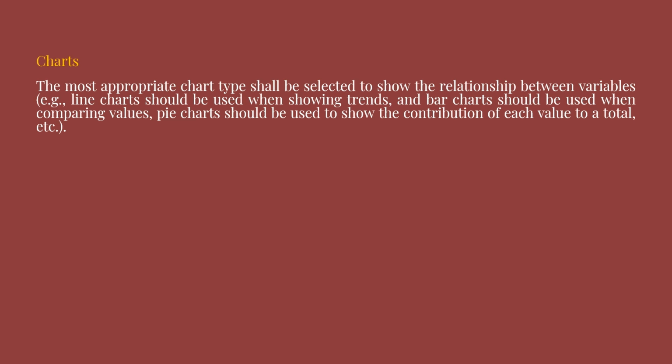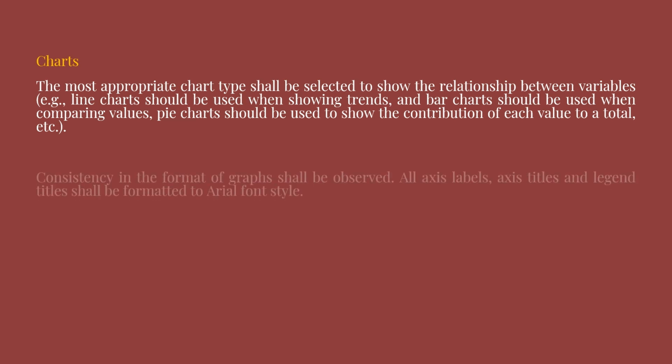And there are other visualization tool or charts that you can actually use. So you don't have to be limited just with the line chart, bar chart, or the pie chart. But make sure that when you use them, you use the most appropriate one. You can check out Google to help you which chart is the most appropriate when you want to present data.